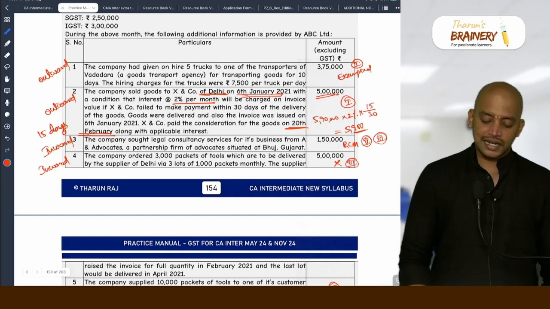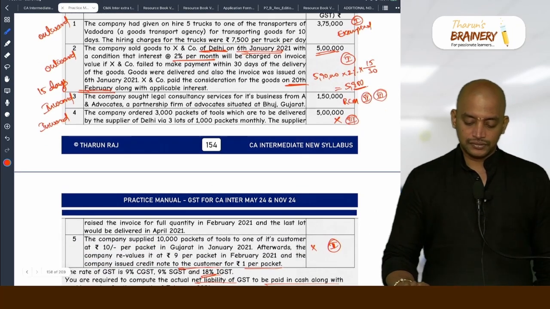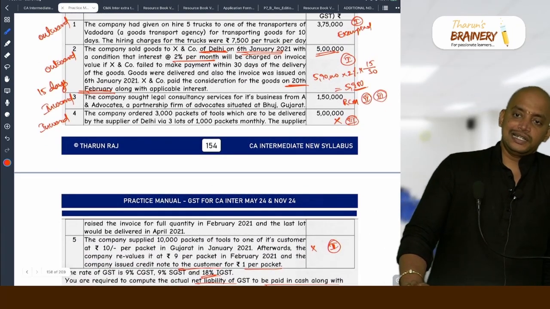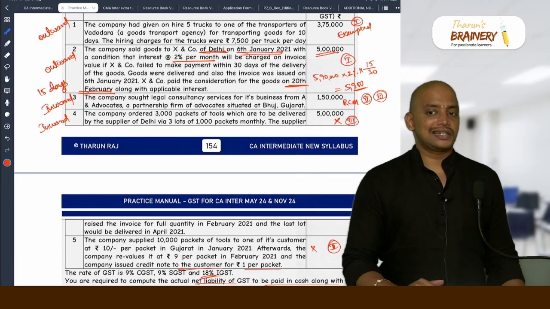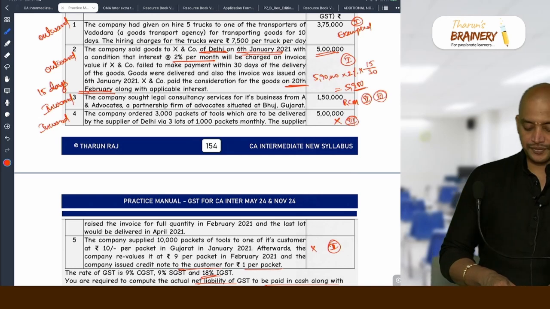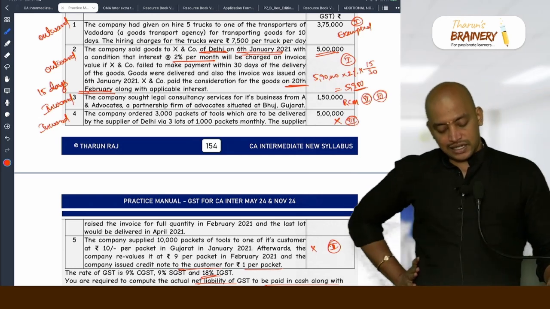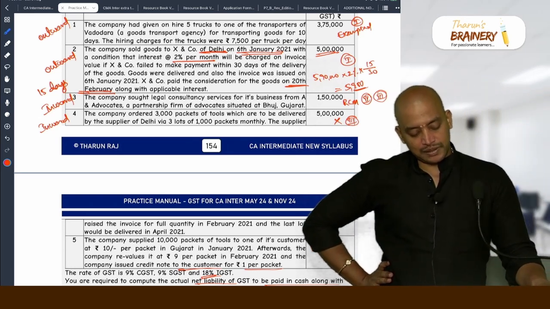Next, any RCM? Yes, legal services. Statement 2, GST payable under RCM on inward supplies.